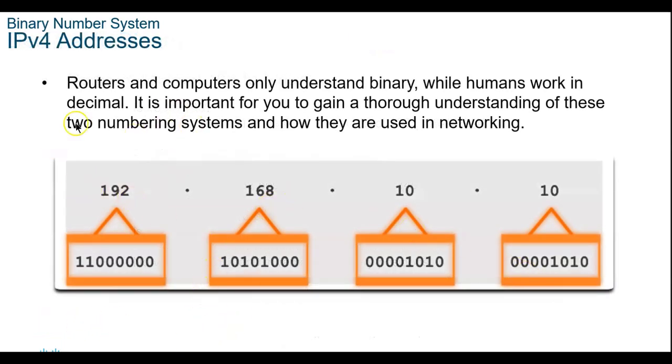And now we have 192.168.16.10, and this shows you what the binary representation is, what the decimal representation is. So this is what actually allows you to go through a router. So every router has its own IP address.